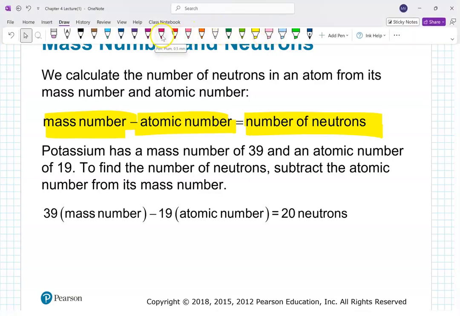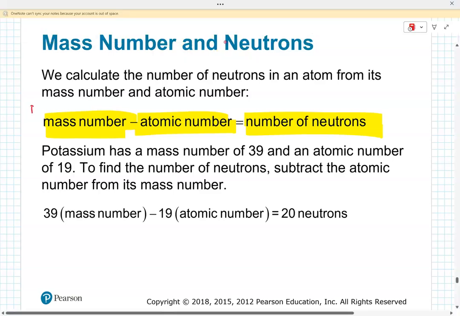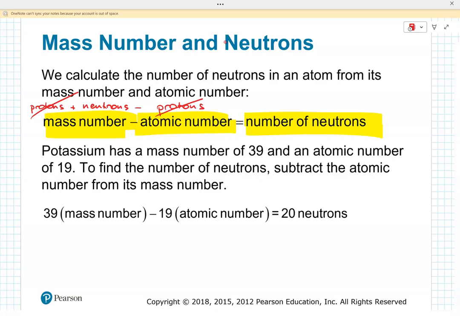Check this out. Can I say that the mass number is protons plus neutrons? Can I say that atomic number is the number of protons? There you go. Okay? Looks good?